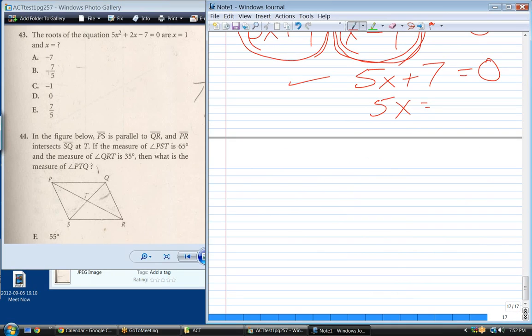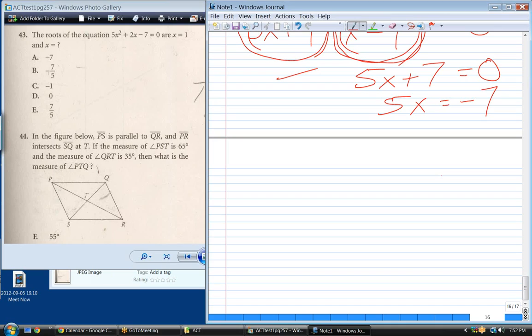So what's the next step? You were obviously able to solve it because you came up with the right answer. But let's just go through solving this equation. What's the first step of solving that equation? Put 7 on the other side so you can get 5x alone.